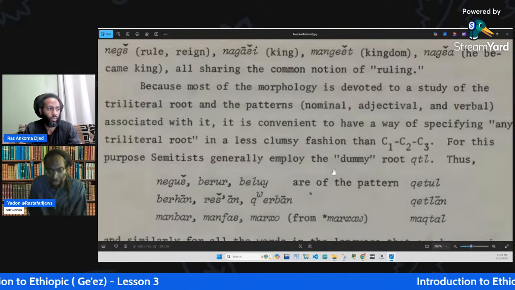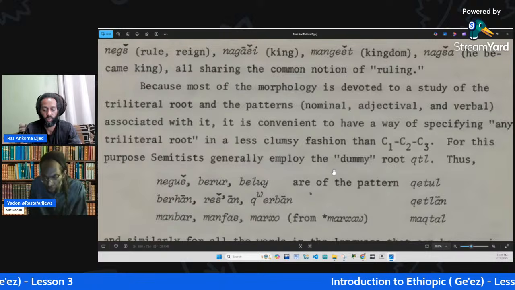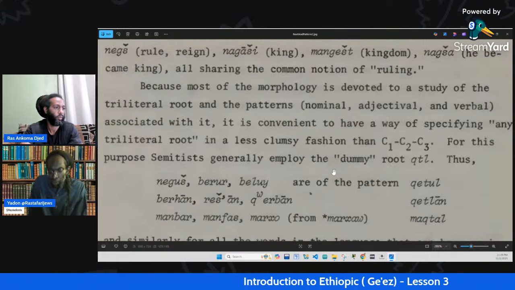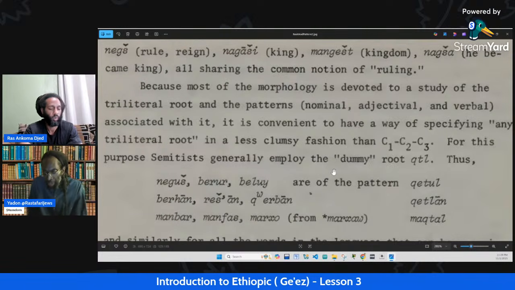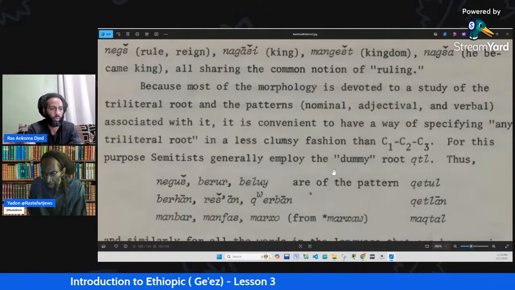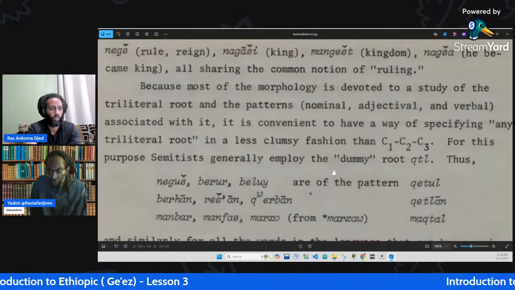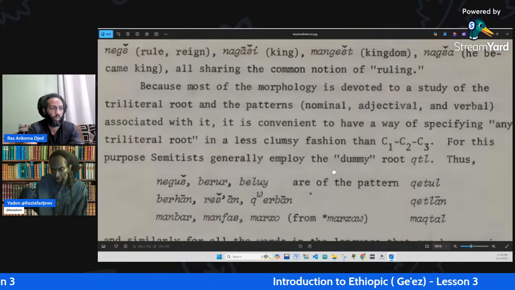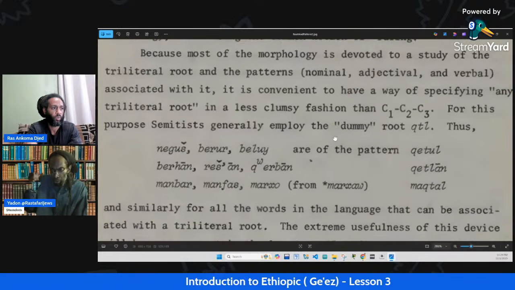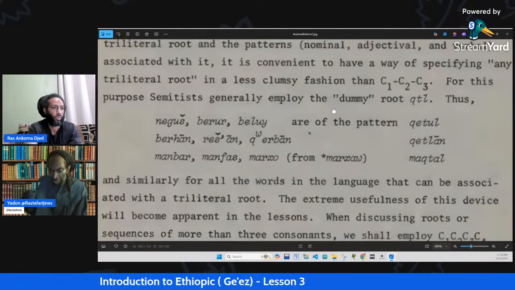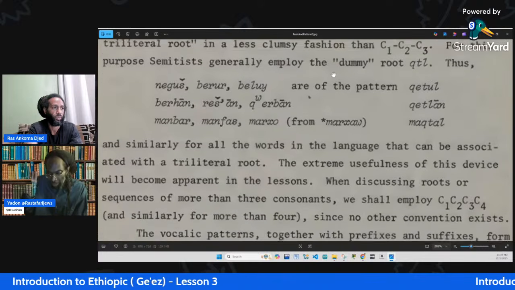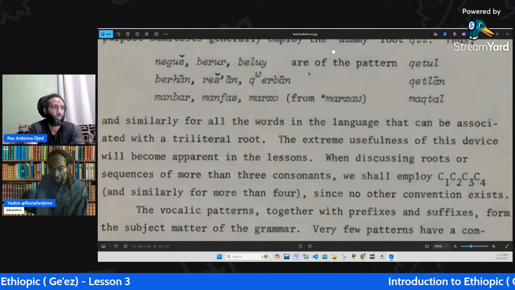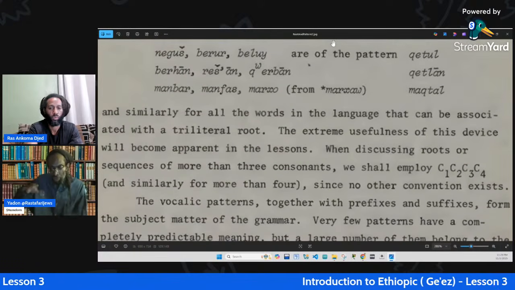Thus, Negush, Beror, Belui are the pattern. Q with the short T, the second with the U, and the third, L with the 6, the 6 at the end where it closes off.